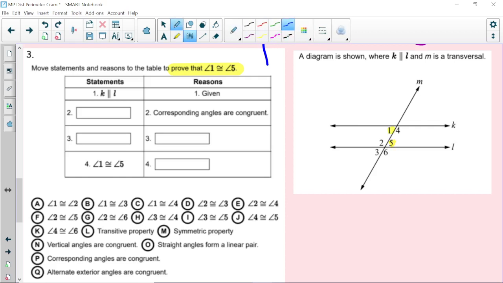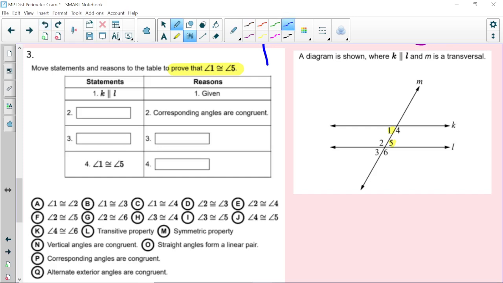One thing that we could note right away is that since our lines are parallel and M is the transversal, we actually have this letter Z where 1 and 5 are alternate interior angles. However, that's not one of the reasons in the word bank. So we're going to have to try and show that those two are congruent to one another without stating alternate interior angles.